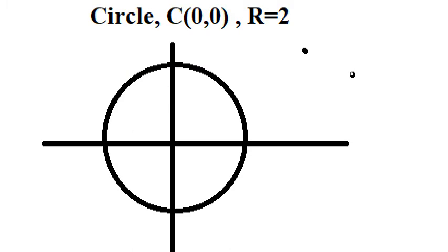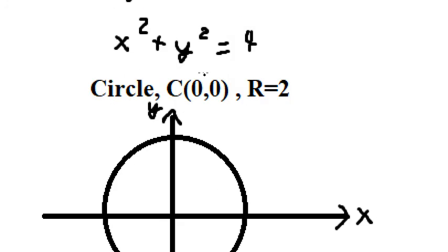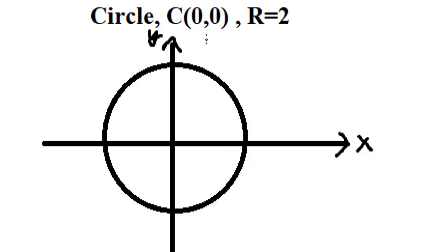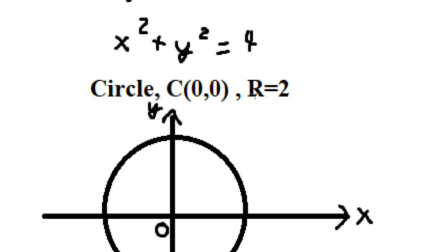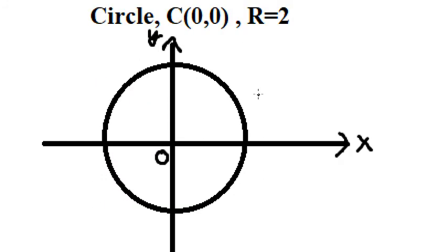Now, we know that the circle is about 0, 0, so this is about the center in here. The radius is about number 2, so we have number 2 in here, positive number 2 in here, this one negative number 2, this one negative number 2.